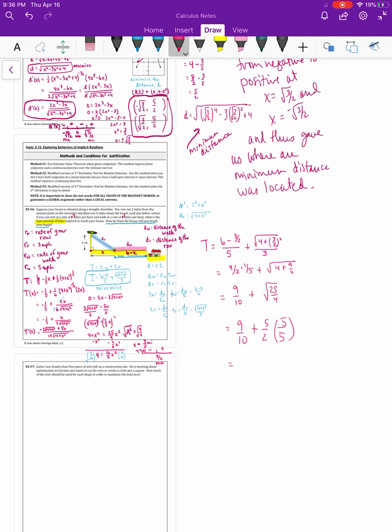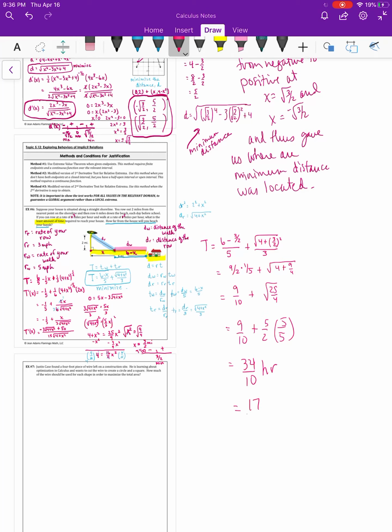So that's 16 plus 9, the square root of 25/4, which is 5 halves. So multiply by 5 over 5 so that I can add them together. I get 25 plus 9 is 34/10.